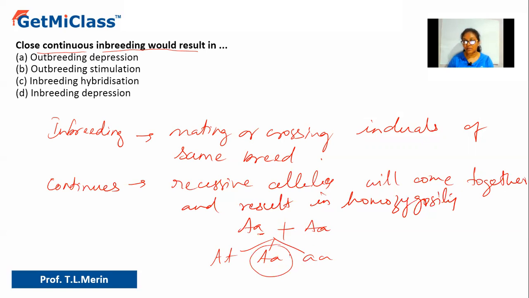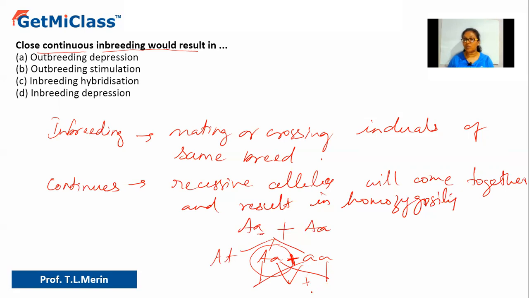Now further, if you breed these two, the recessive alleles will be combining. So you will get more individuals as you keep breeding among individuals of the same breed.